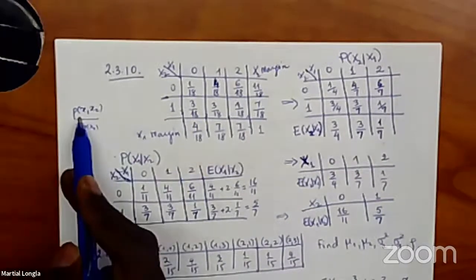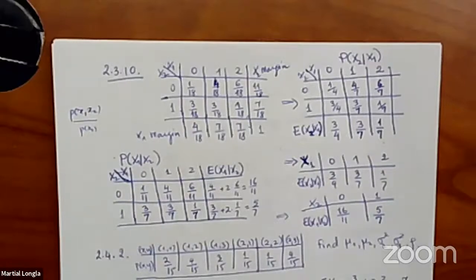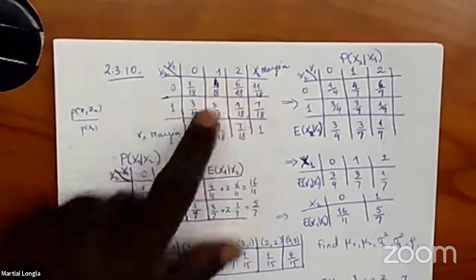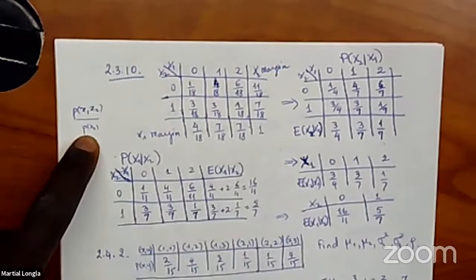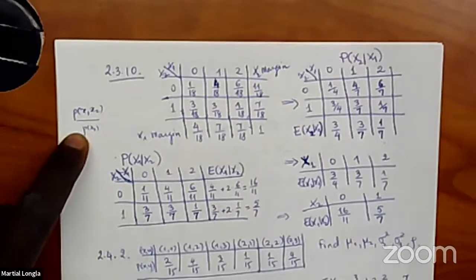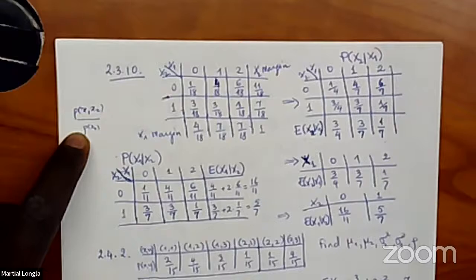This is the distribution of x1 given x2. So you take the probabilities which are inside, you divide by the corresponding probability of x2, and you have the conditional distribution. So you do the same thing for x1, and you have the conditional distribution.